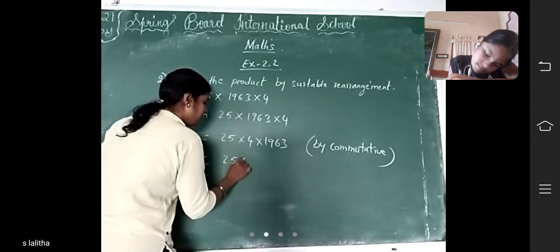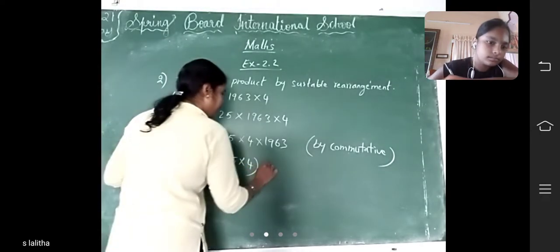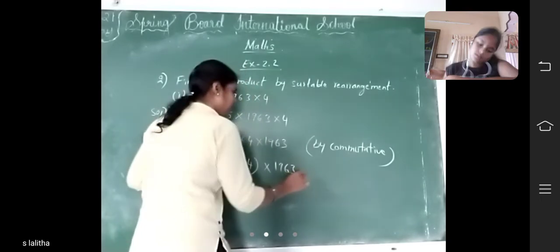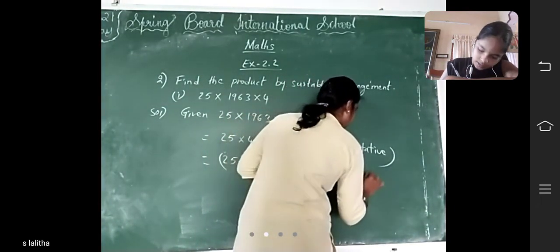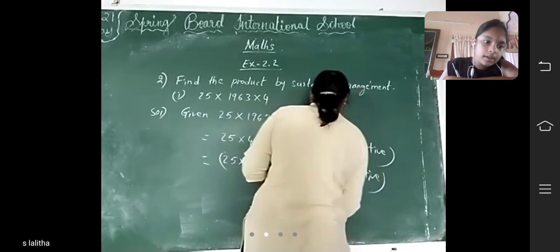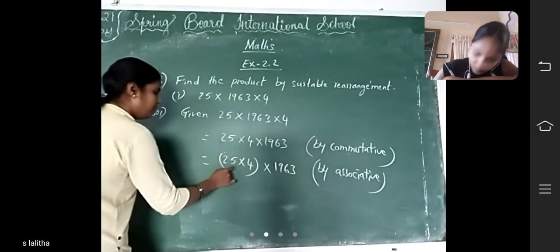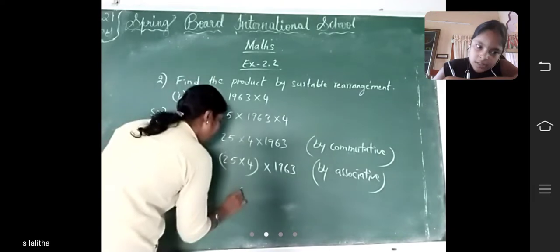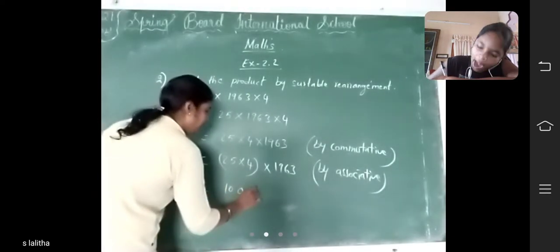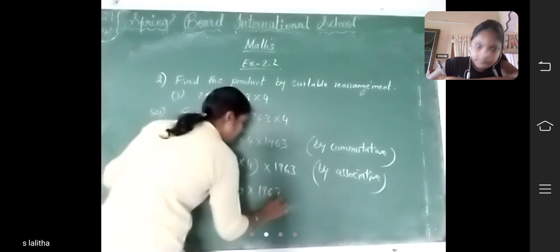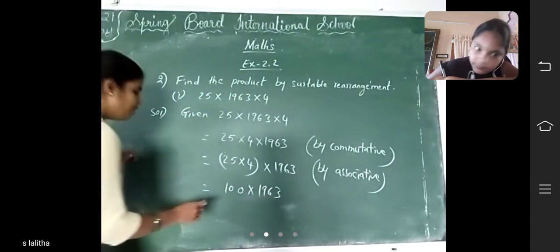Now 25 into 4 into 1963. Which property is it? By associative. Now 25 into 4, how much? 4 5s are 20. 2 is remaining. 4 2s are 8 plus 2, 10. 100 into 1963.